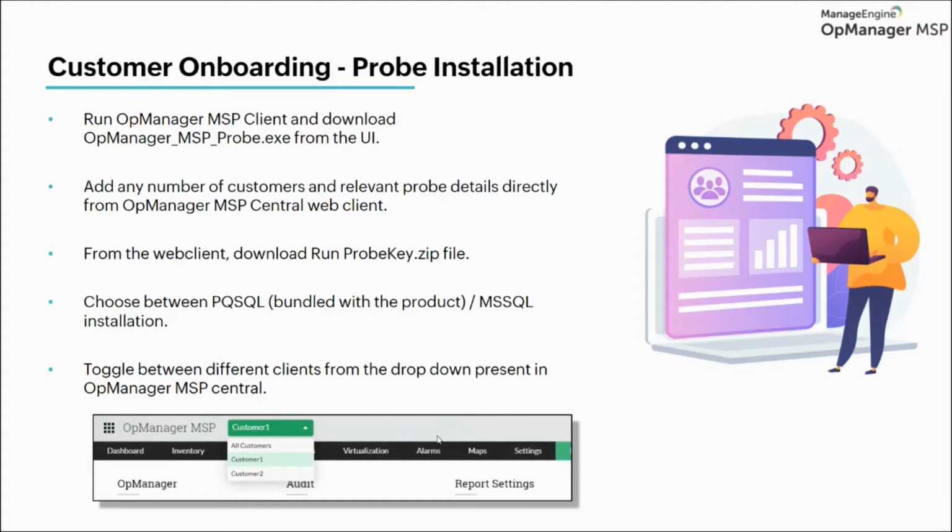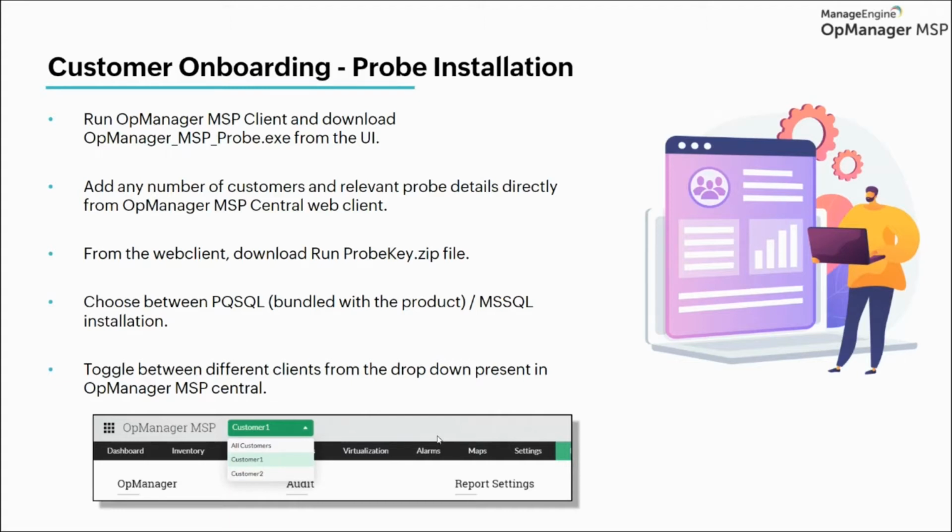For clients, you can have various different probes. Here you can add any number of customers and the relevant details directly to the OpManager Central web client, and from the web client itself you can download and run the probe key zip. Here the central and probe authentications happen with the probe key zip. This zip file will have the probe key.